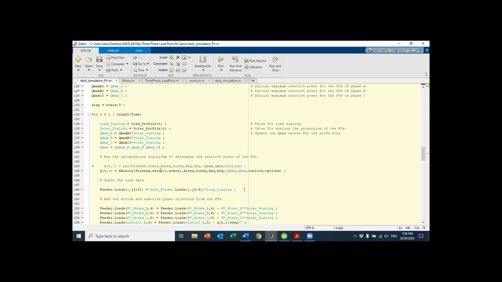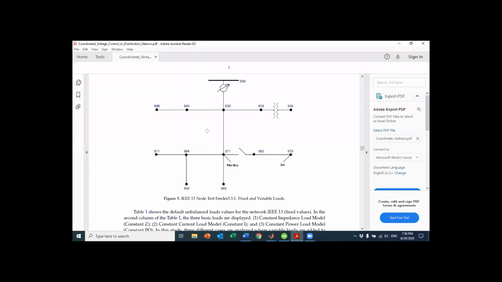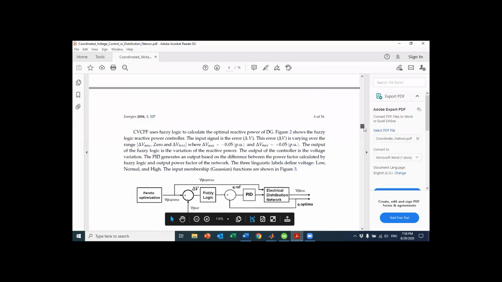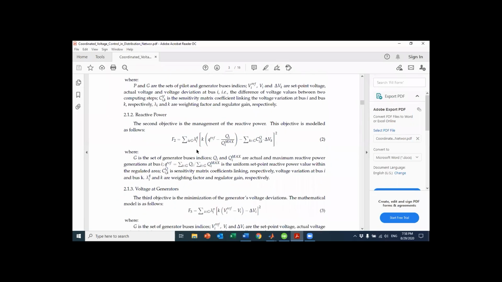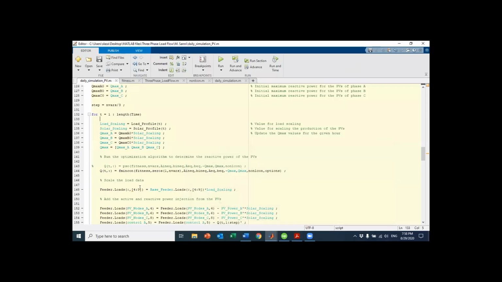In the step earlier, we determine the optimal reactive power output, so that during the interval t, all the constraints are satisfied. So the objective function, which consists of these three objectives given in the paper, f1, f2, and f3, is minimized, in this case using fmincon.